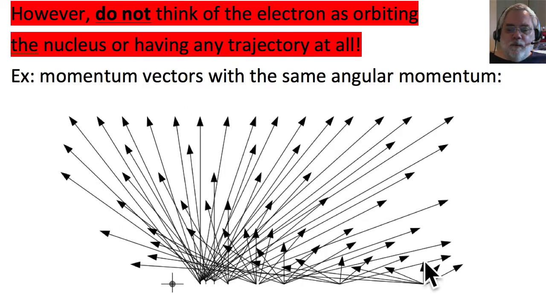Every one of these momentum vectors, starting from its starting position, they all have the same orbital angular momentum.